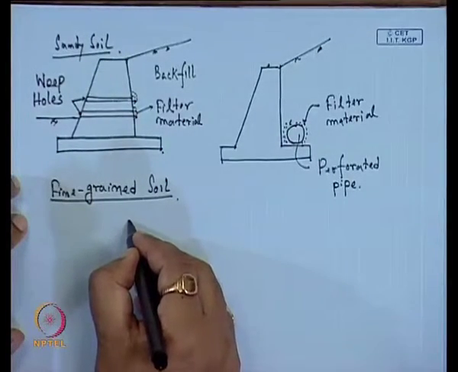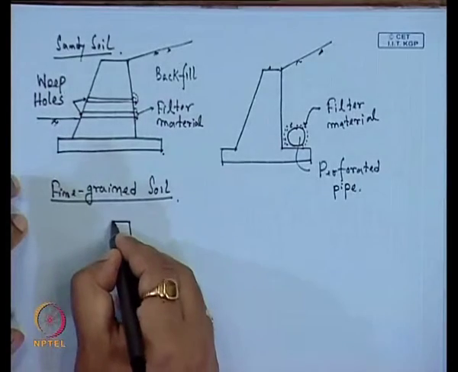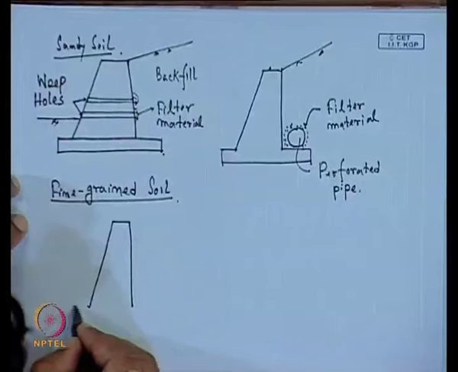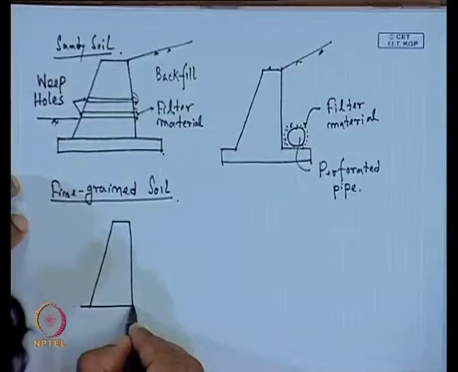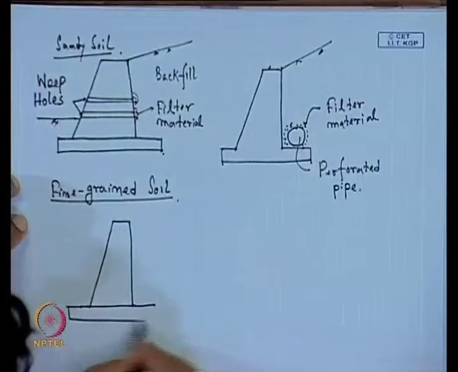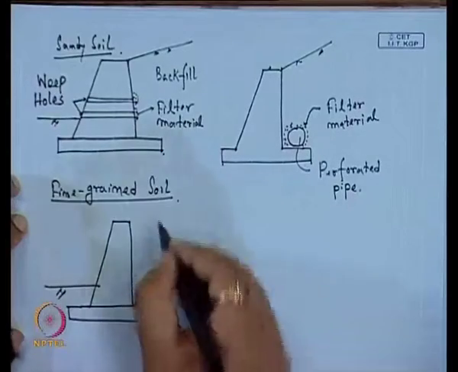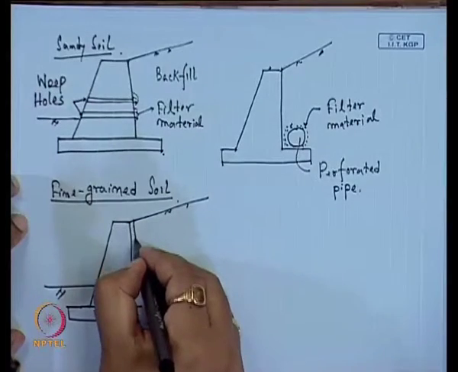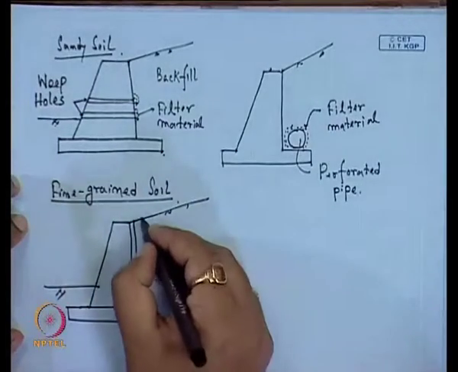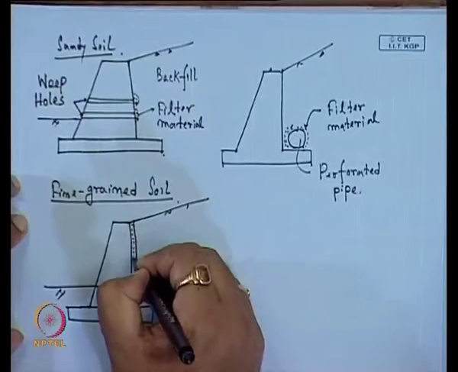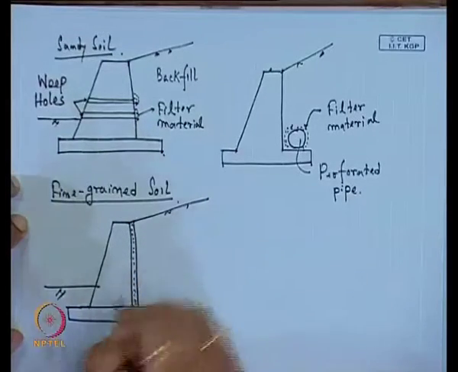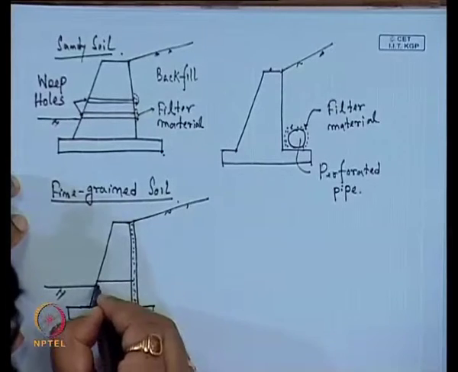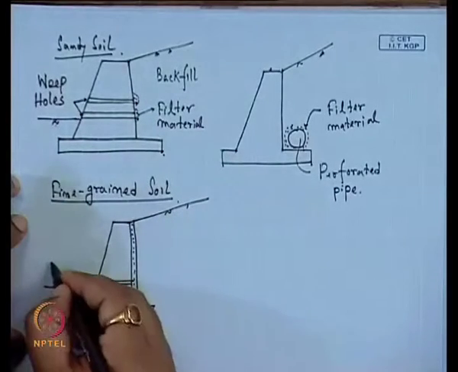Suppose this is our retaining structure, this is the existing ground, this is the ground surface. Then we can provide a filter material along the vertical surface, and a path so that water can collect here and pass through.